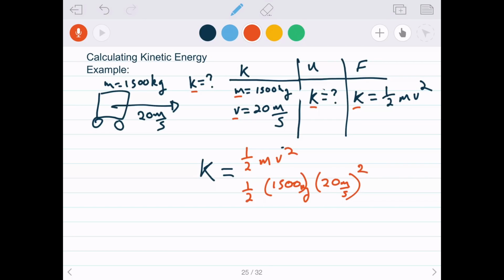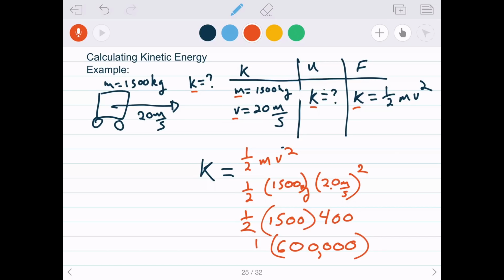So on my calculator, I'm going to go 20 times 20, which is 400, times 1,500. So 400 times 1,500 is 600,000, times 1/2. And that's 300,000.